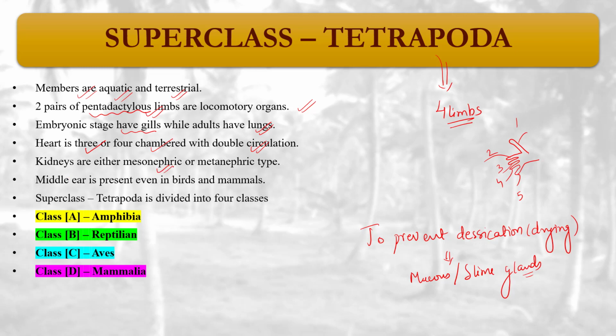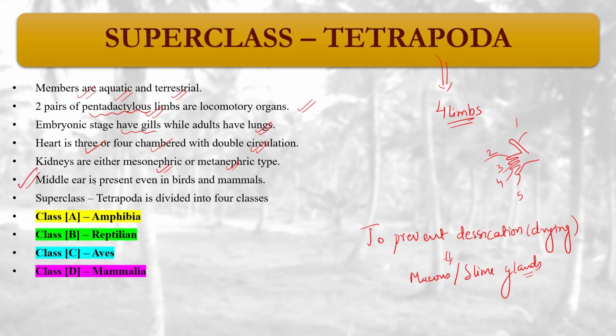Kidneys are either mesonephric or metanephric. Please do remember a pattern. In the starting of phylum chordates, invertebrates, they mainly had either pronephric or mesonephric kidneys. But when we move towards amphibians, reptiles, and mammals, now they have metanephric kidney, which has the maximum number of nephrons, which can reabsorb the maximum amount of nutrients. Okay, so kidneys are mesonephric or metanephric type.